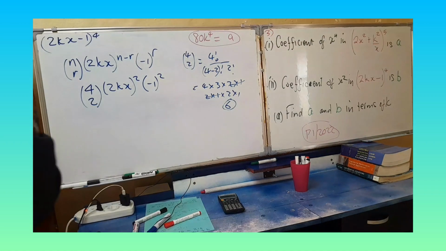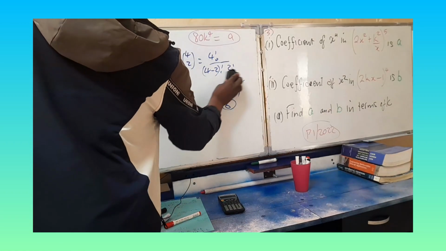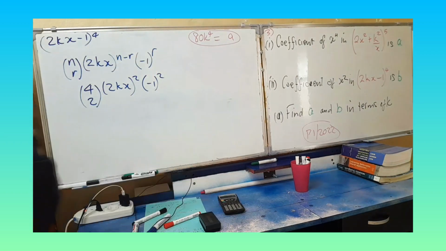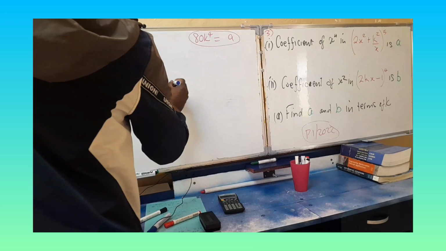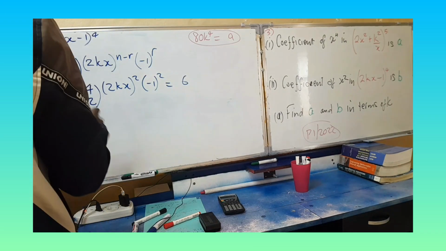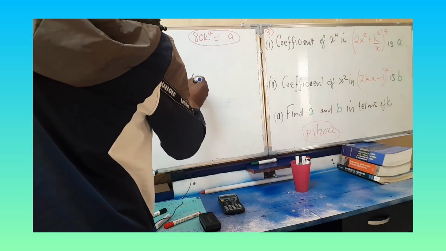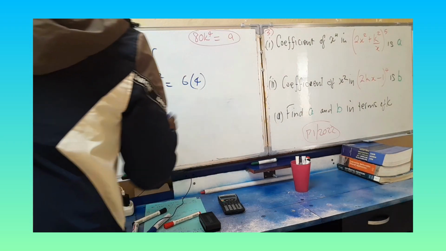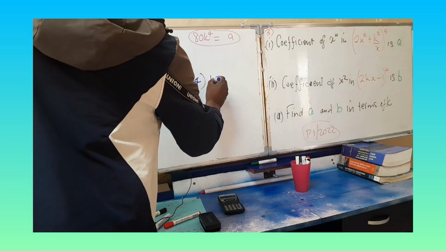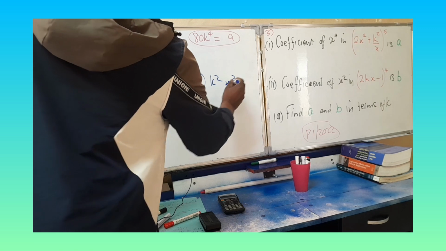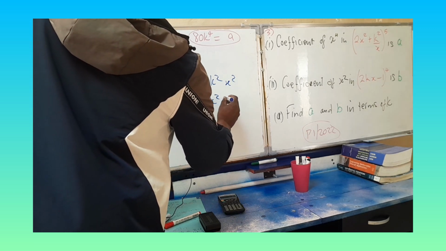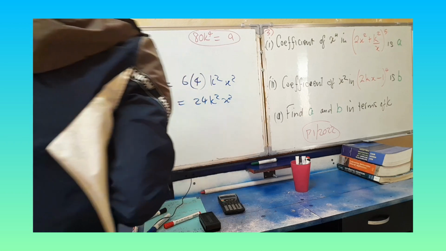So our 4C2 is 6. So this is equal to 6, multiplied by 2 squared, which is 4, multiplied by k squared x squared. This is equal to 24k squared x squared.